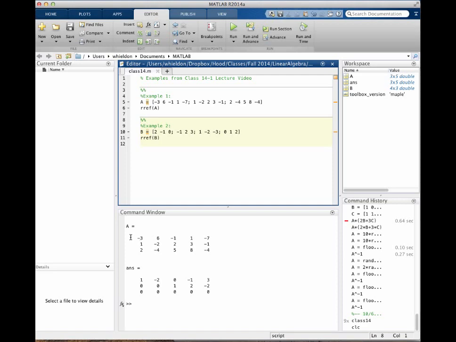Our matrix A is that same one that you saw on screen a minute ago, and our row reduced form of this matrix is 1, -2, 0, -1, 3, 0, 0, 1, 2, -1. So I'm going to put this over onto our slide so that we can see how we can use this to calculate our null space.